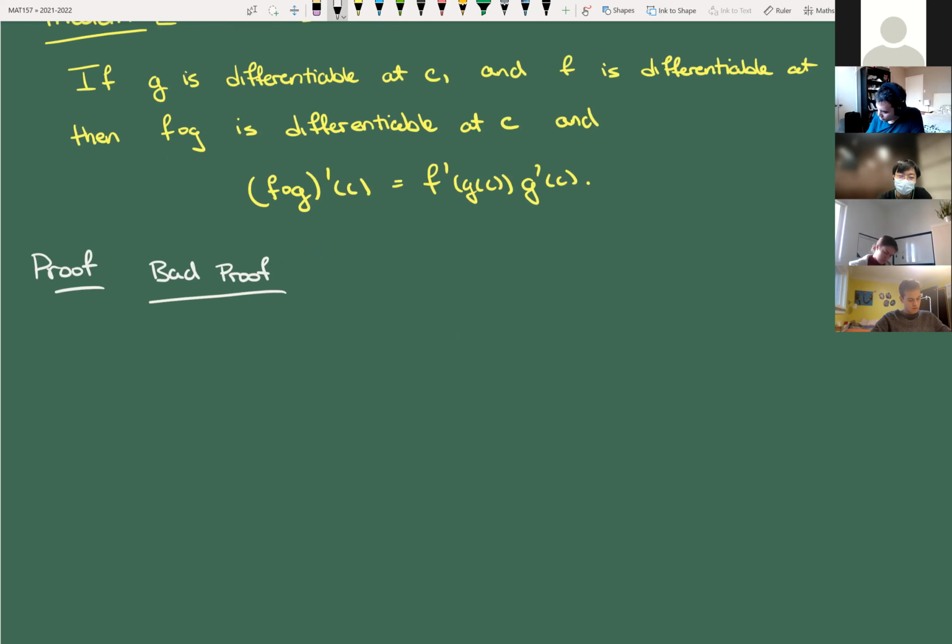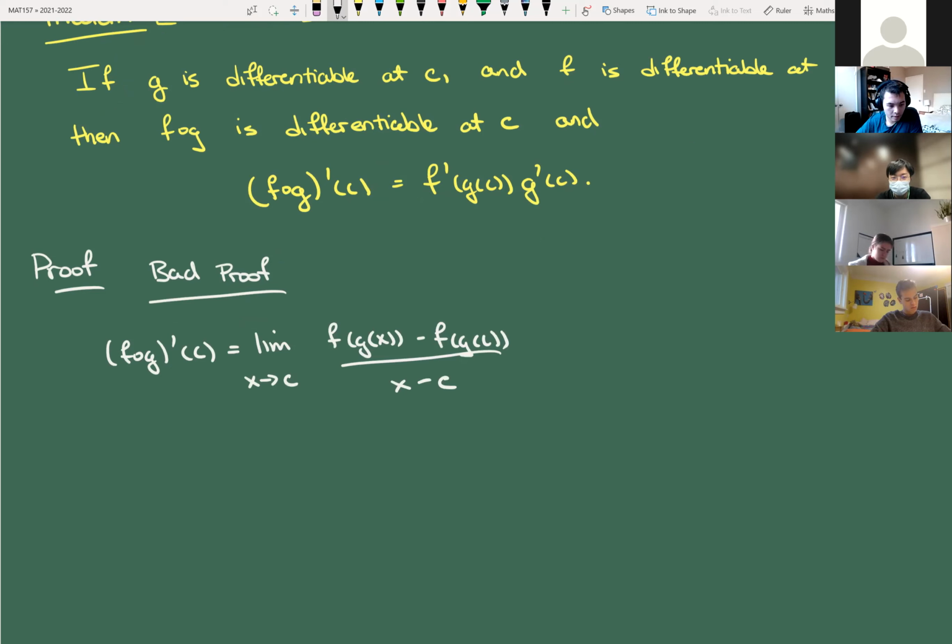And the proof is to just do this. Again, what do we want to do? We're just going to compute the derivative, right? So we're going to say the derivative of f composed g at the point c is the limit as x approaches c, like that, right?